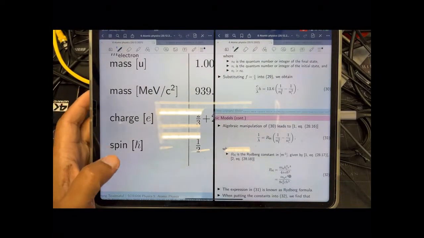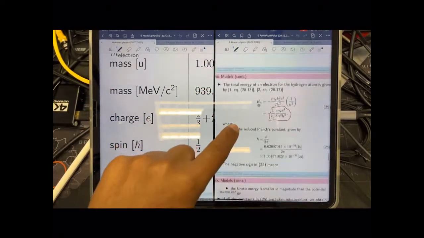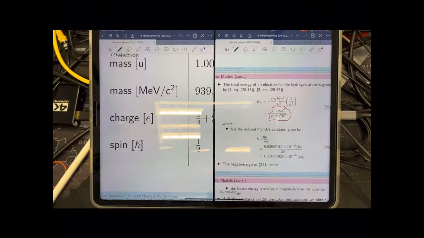Yeah, h-bar is h divided by 2 pi. It's the reduced Planck constant, right? You start from 6.6 times 10 to the negative 34 joule second, and you divide it by 2 pi, the circumference, the distance around the circle.